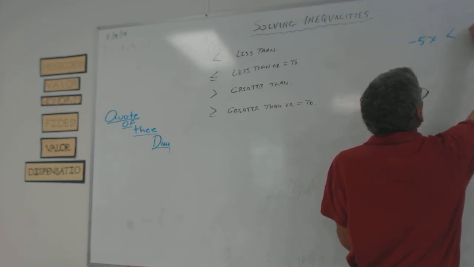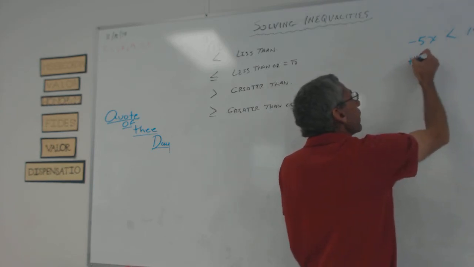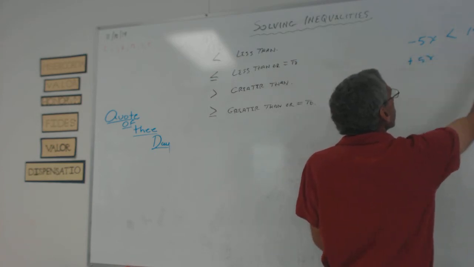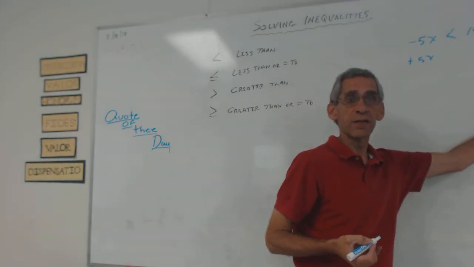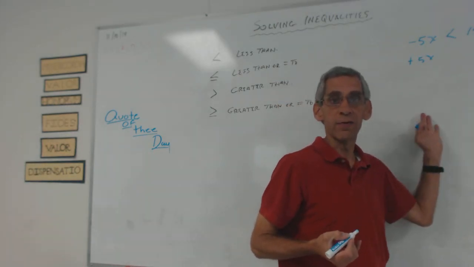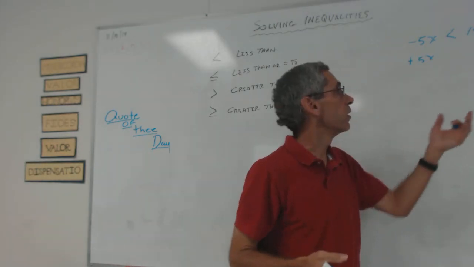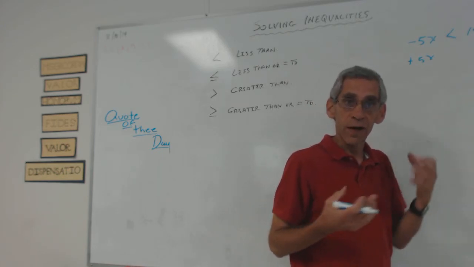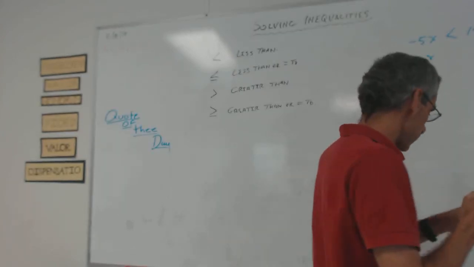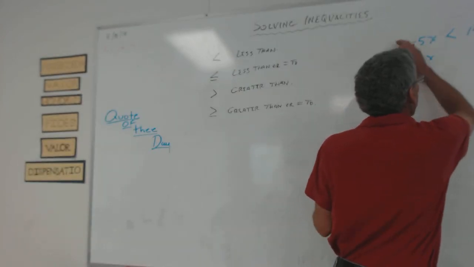And so I added 5x to both sides, and then the x is positive 5, and I divided by 5. It's only if the number in front of the x is negative that you have to divide both sides by a negative, right?